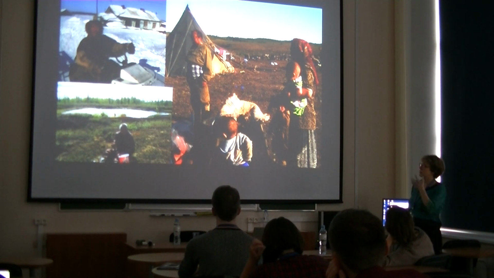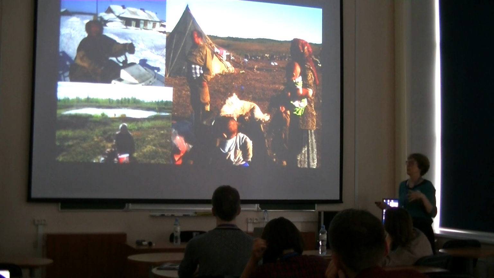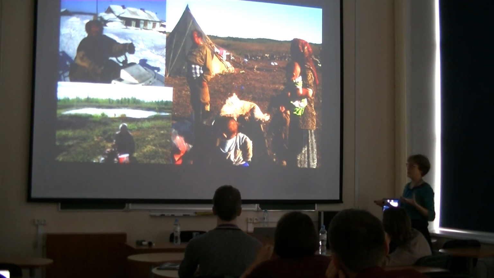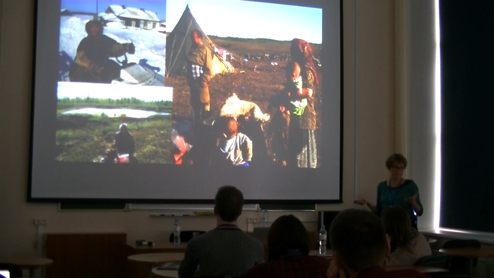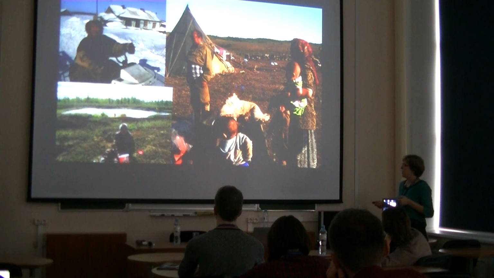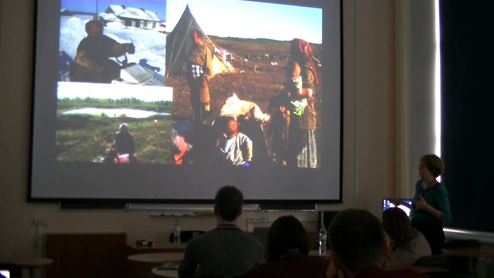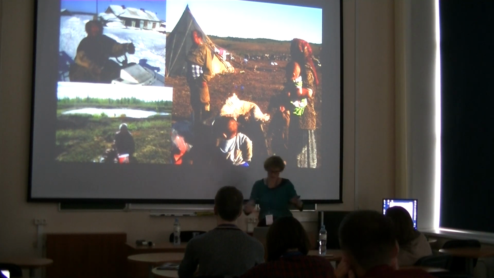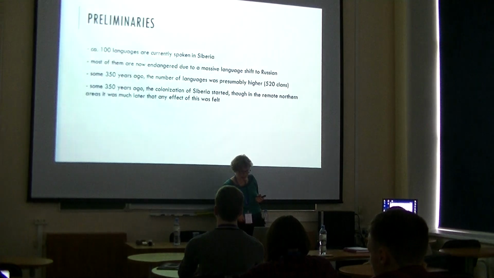And this is quite typical, so in winter maybe half of the people in a village would wear the traditional clothes, just because they're much more practical than modern European clothes. And this is a forest Enets in summer, collecting some berries with linguists. So these are just some pictures.